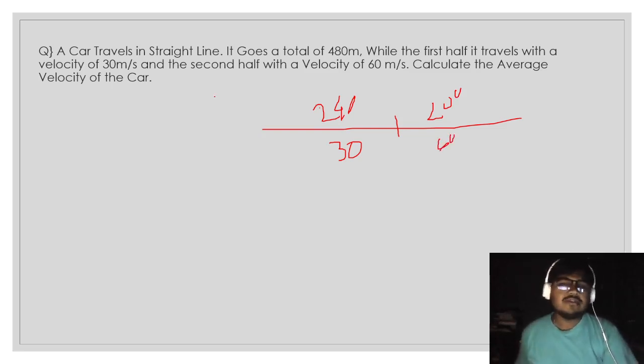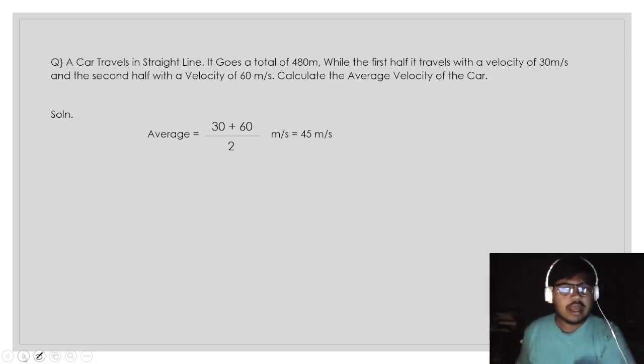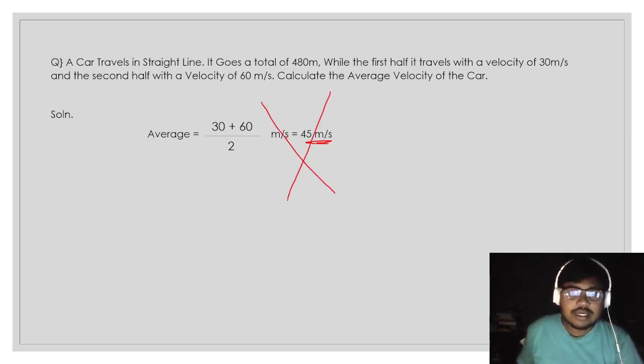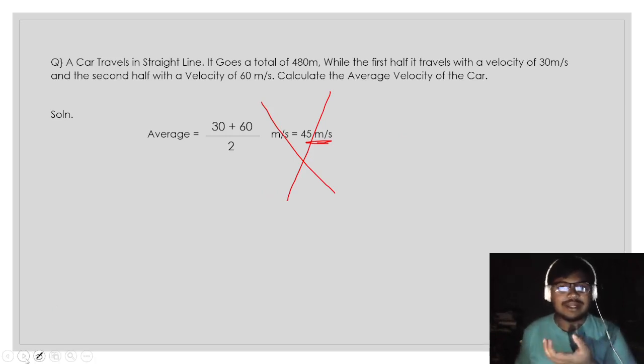So the average will be half of the total: 30 plus 60 divided by 2 equals 45 meters per second. Any ordinary person will say that, but it's actually totally wrong. Now I'll show how it is wrong.